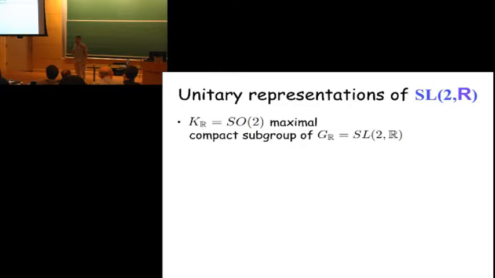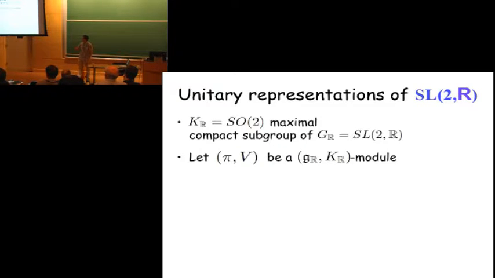And in the present case of SL2R, of course, the maximal compact is SO2, just the group of circle rotations. Then we'll be interested in representations. We'll call them pi and V. Pi denotes how the group acts, and V is the vector space on which it acts.